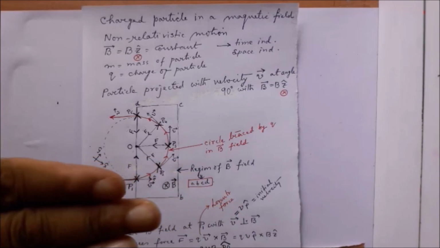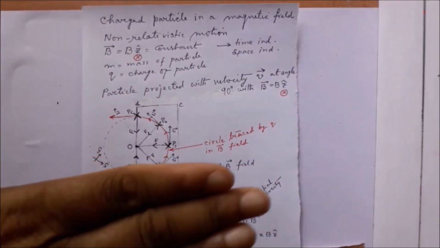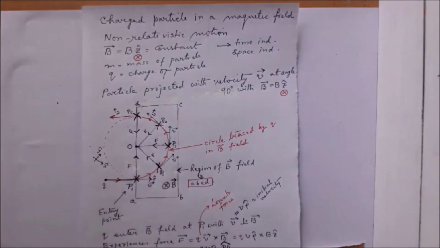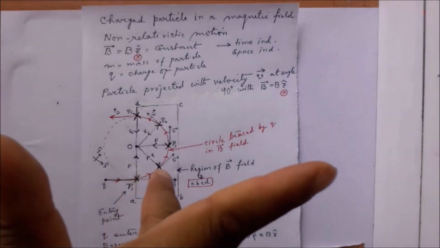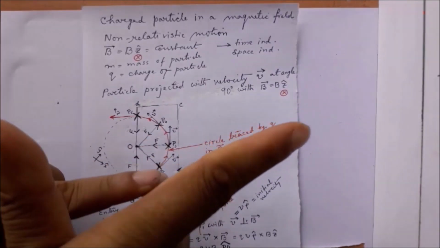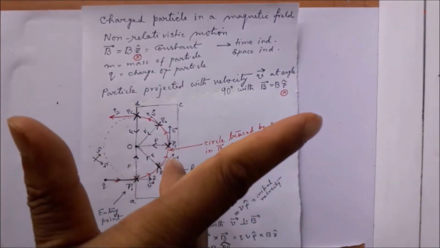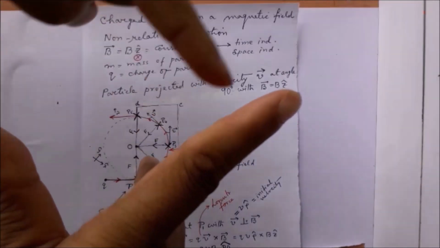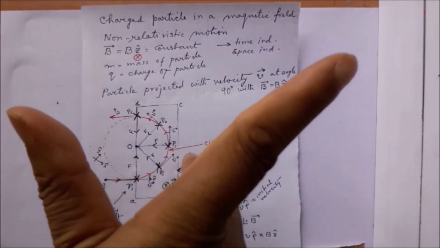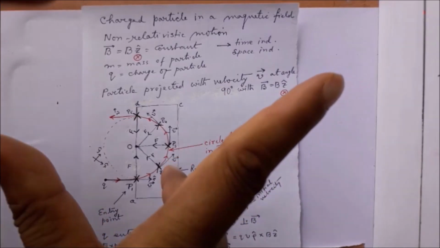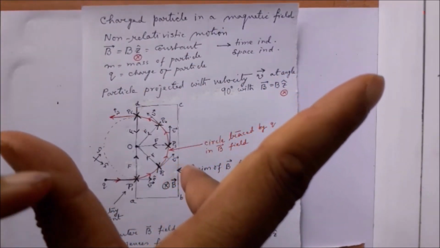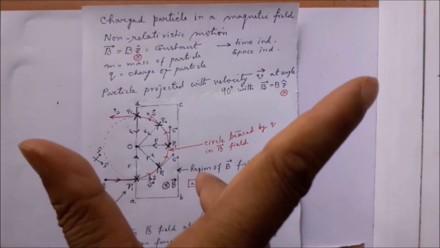So the particle cannot move straight, but it bends. Suppose it bends and comes to the point P2. What happens at P2? This is the magnetic induction acting downwards at P2, and this is the velocity of the particle trying to move off the tangent, and then this will be the force Q into V cross B. So this will be the force acting on the particle, which is again along P2O.